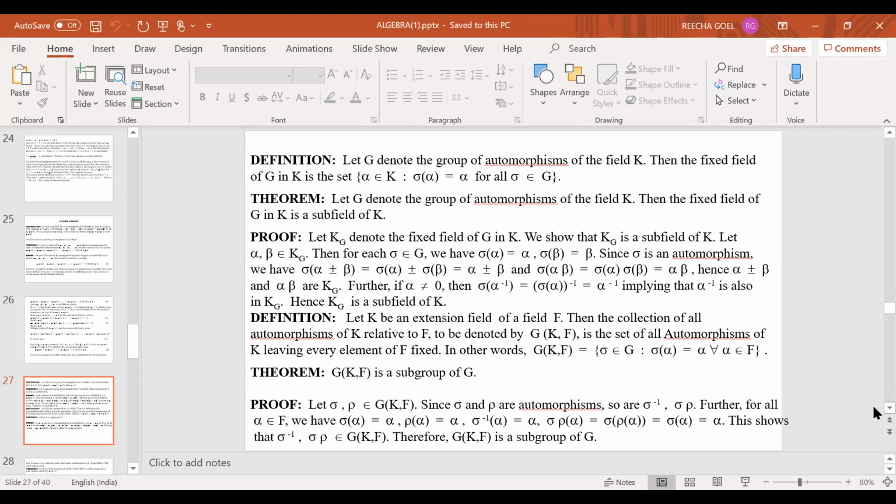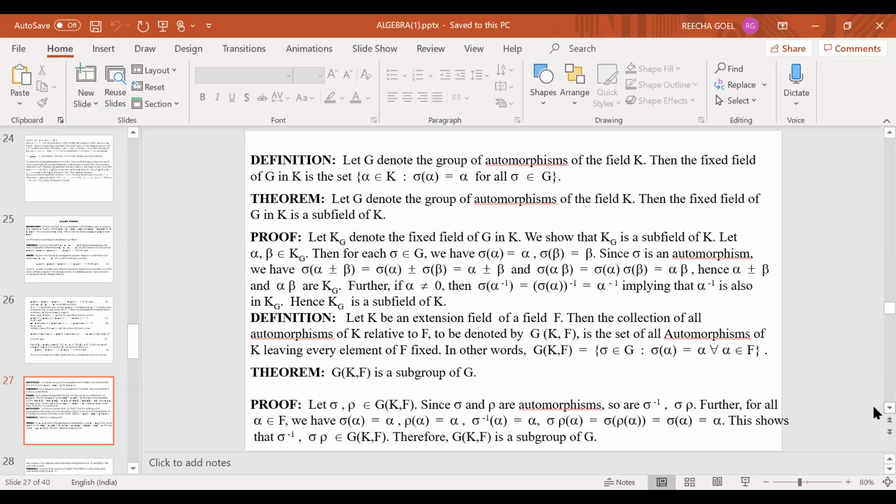You can see it is a subset of K, because we are picking elements alpha from K such that sigma of alpha is equal to alpha for every sigma in G. Now the question is what is the connection of this fixed field; of course, I already gave the name fixed field.